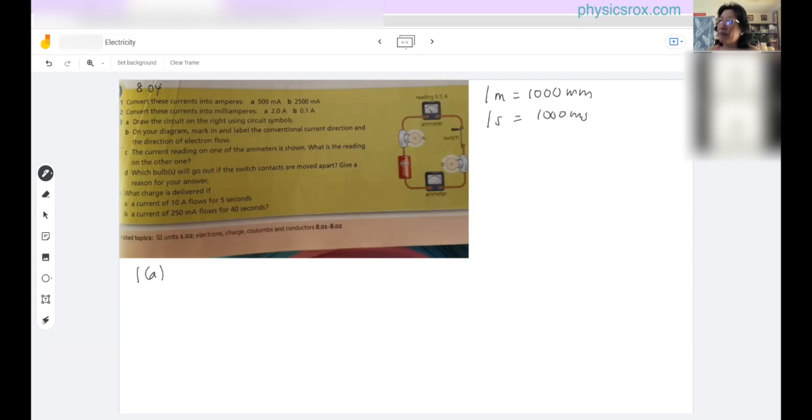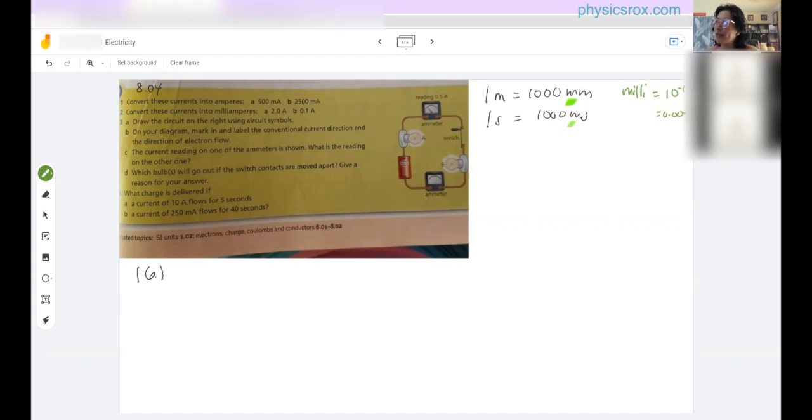So this M in front of the other unit is milli. Milli means 1,000. Sorry, my bad. Milli means 10 to the power of negative 3, or 0.001. So that's 1,000 of 0.001, something like that.